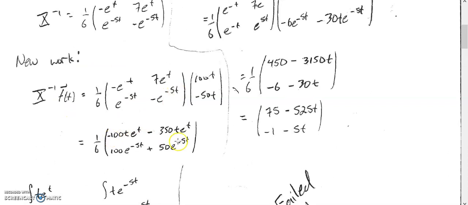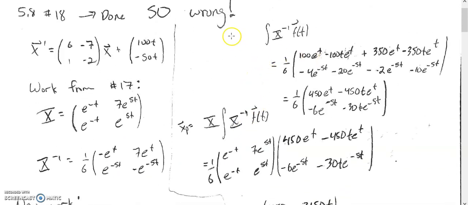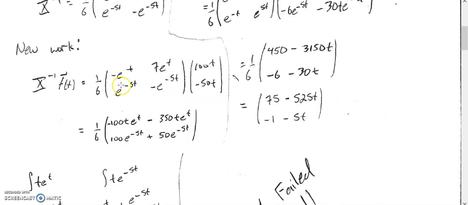I tried to integrate this by parts, and then I got here, and I just didn't recognize that these two terms could be added together, which makes it a lot easier, with a lot fewer places to mess it up.